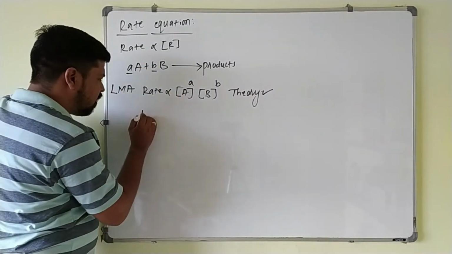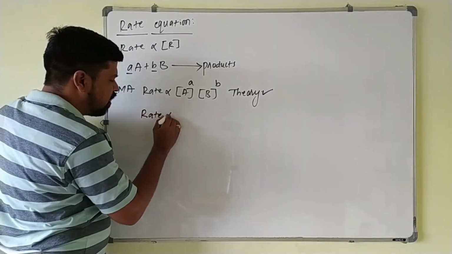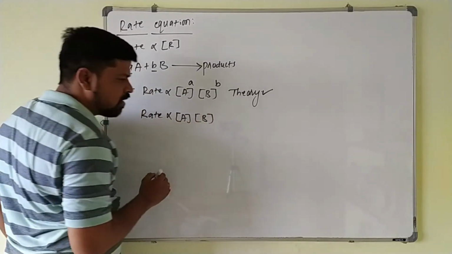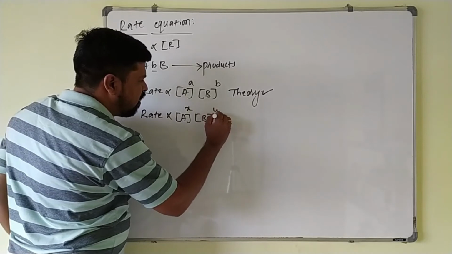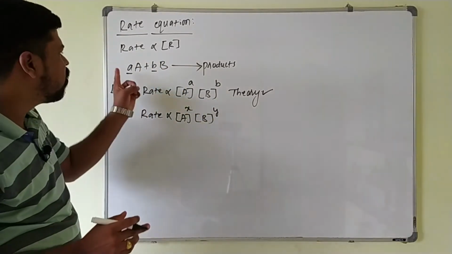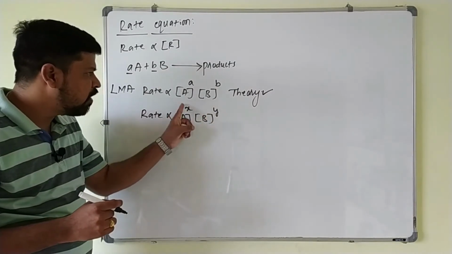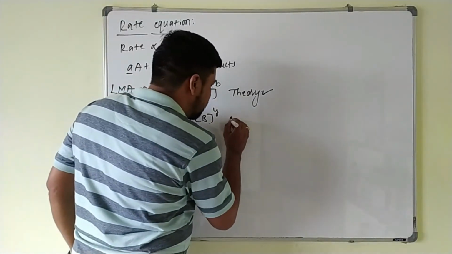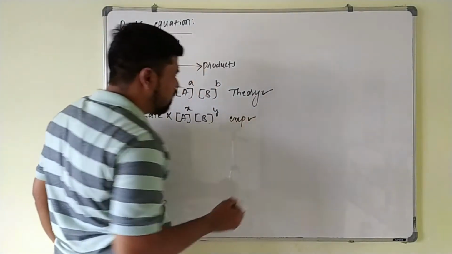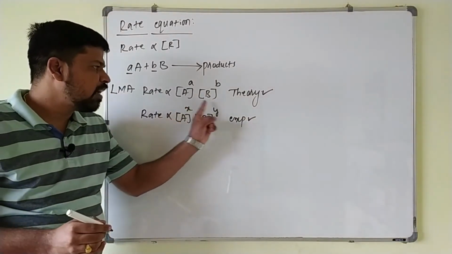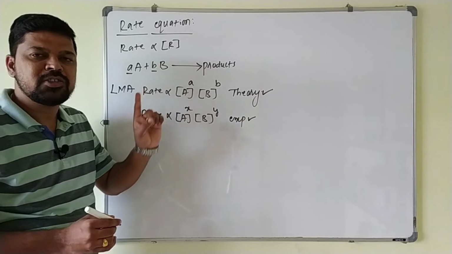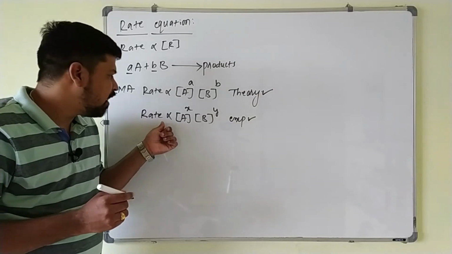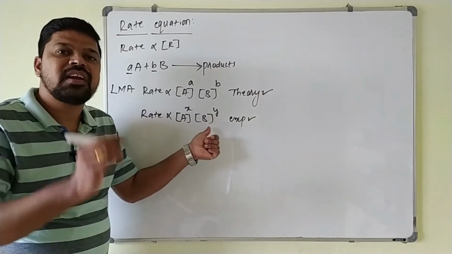For example, if I write the experimental equation, rate of the reaction is directly proportional to [A]^x [B]^y. These x and y are not exactly equal to the stoichiometric coefficients. These x and y values are obtained experimentally, they are not theoretical values. So this is experimental. For some reactions, x and y may be equal to the stoichiometric coefficients, but it is not true for all reactions. So keep in mind, experimentally the rate of the reaction is directly proportional to the molar concentration of the reactants raised to the powers x and y.